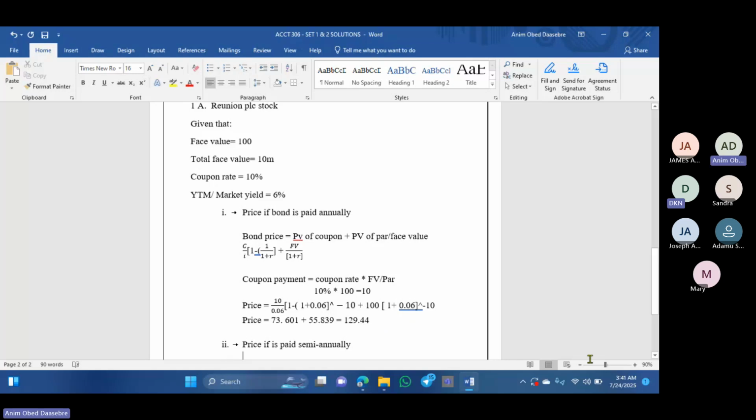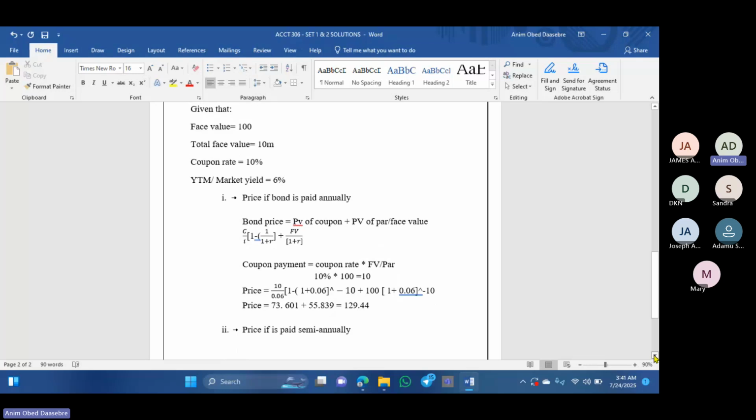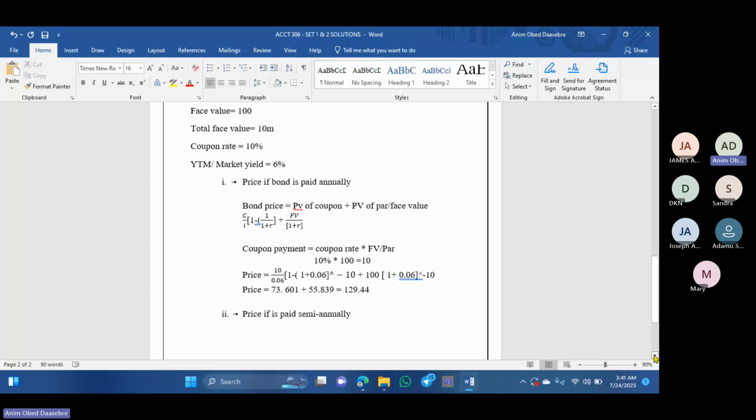You are going to use the same formula, but you have to adjust the coupon payments. Now coupon is paid semi-annually. So the only thing you are going to find is the coupon payments for semi-annual terms.